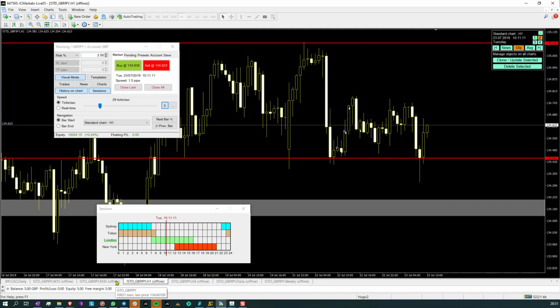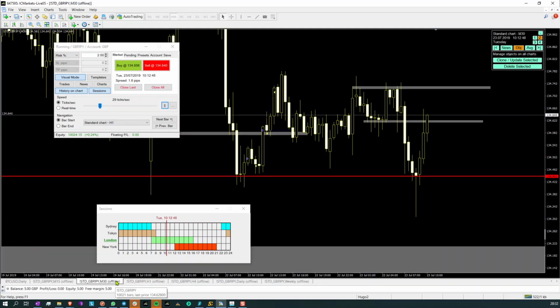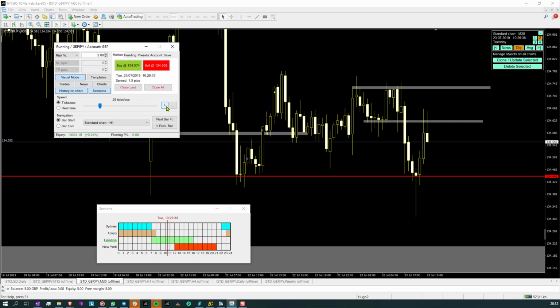1 hour looks incredibly bullish. Rejecting. Broke its own low.